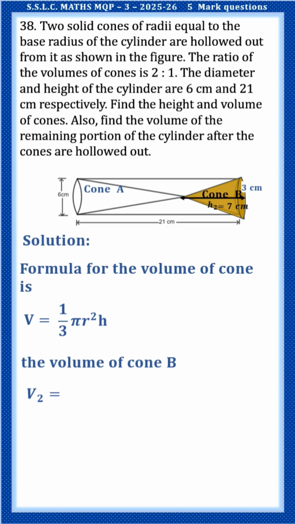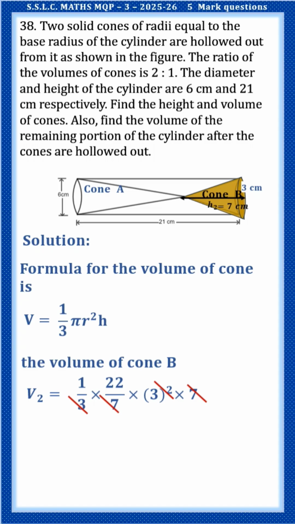So V2 is equal to 1 by 3, pi is 22 by 7, radius is 3, height is 7 centimeters. Here since 7 and 7 can get cancelled, you can take pi as 22 by 7. Here 3 and 3 get cancelled, 7 and 7 can get cancelled.